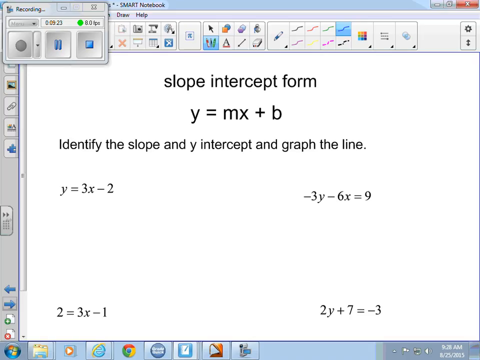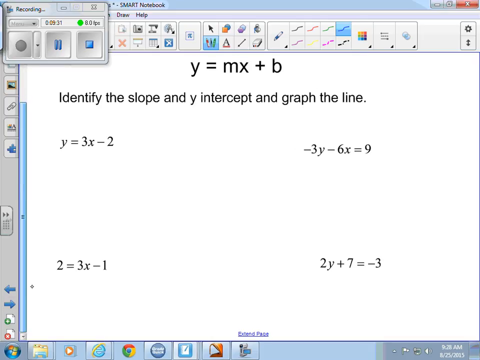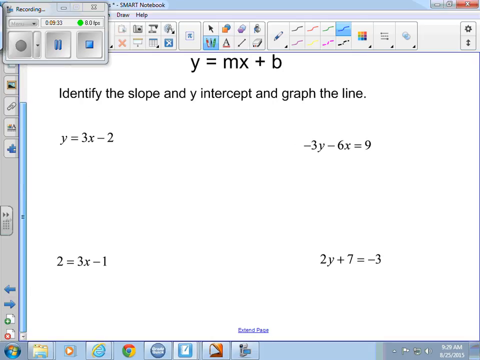Identify the slope, find the y-intercept, and graph the line. Just on your homework, there's a grid, but for notes, you'll just have to.